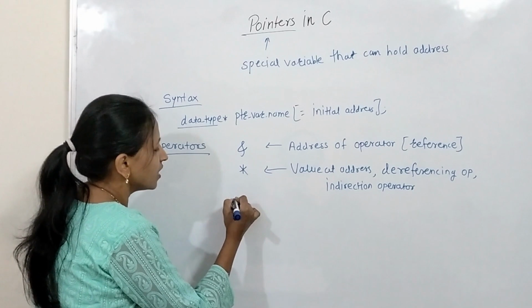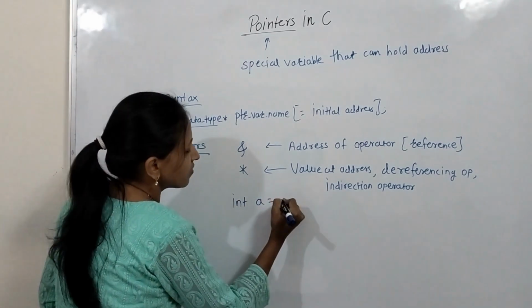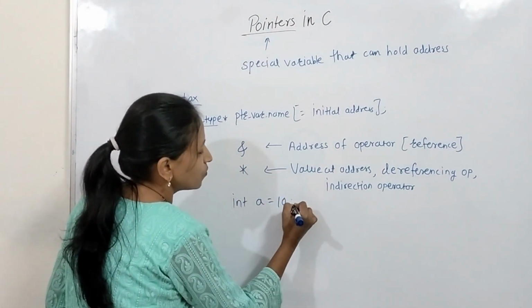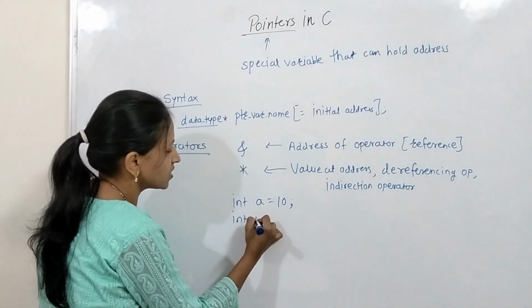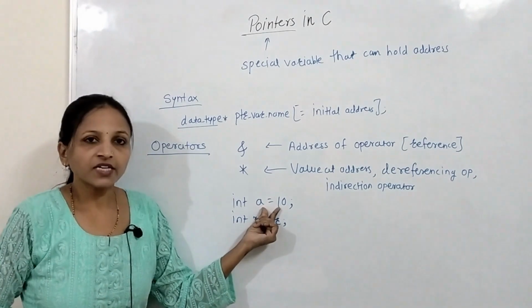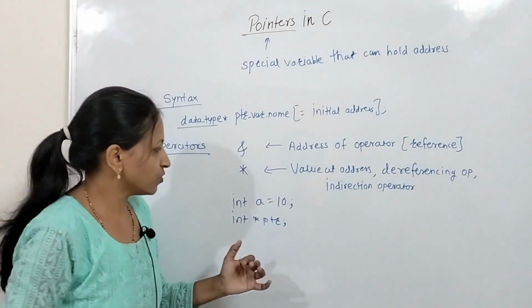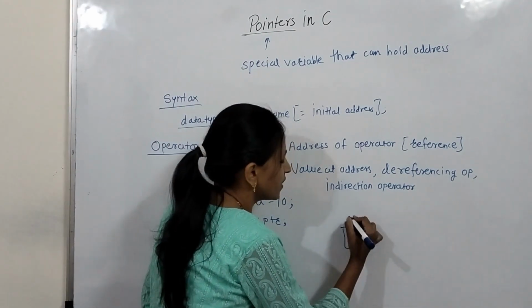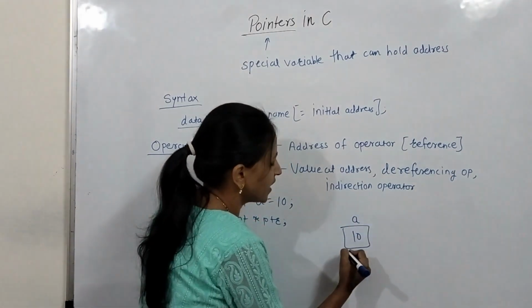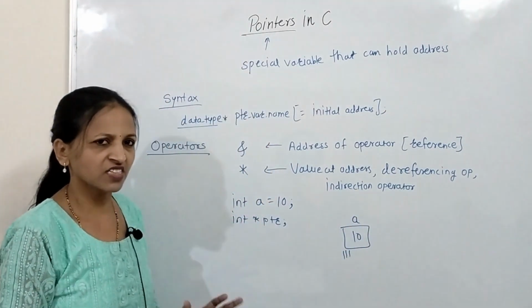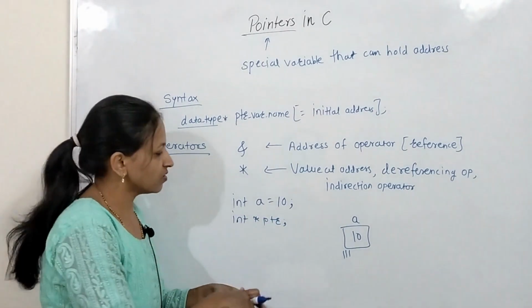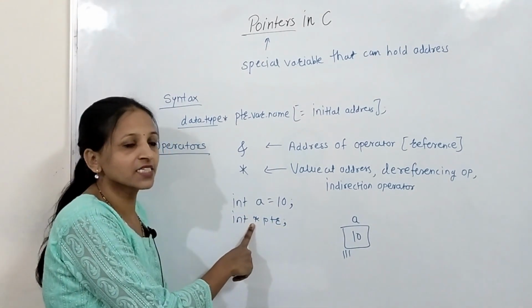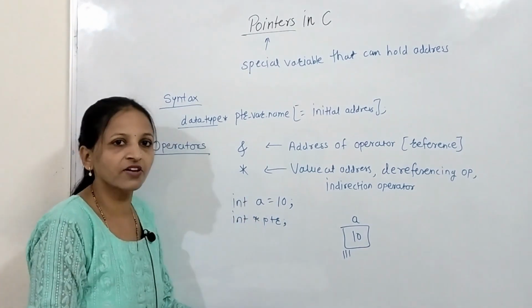See here, there is one integer variable having value 10, and suppose I have one pointer variable here, int *ptr. After execution of this statement, we already know that 2 bytes will get reserved in memory, value will be 10, name will be age, let its address be 111, in this way. Now I have declared one pointer variable here. Why pointer? Because this star indicates that this ptr is a pointer variable.